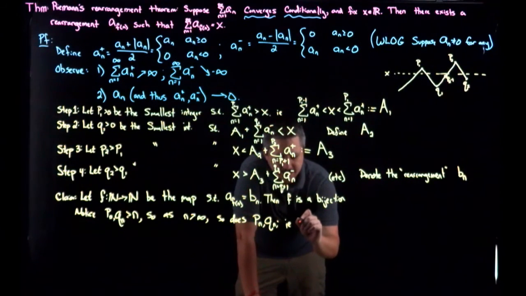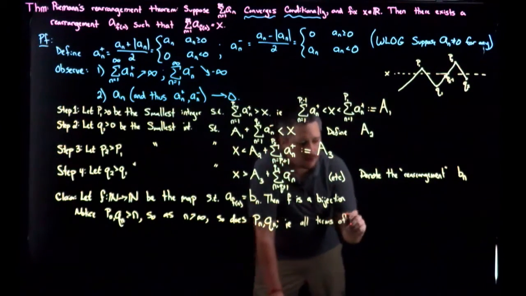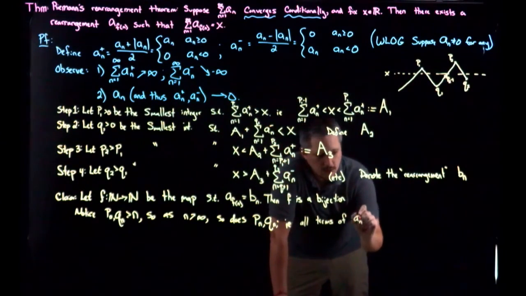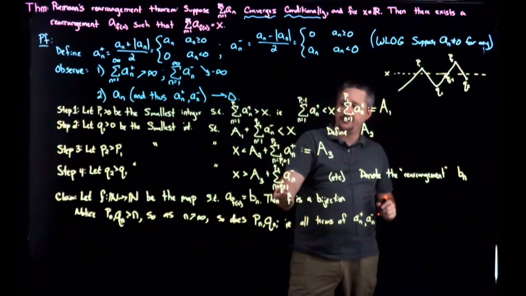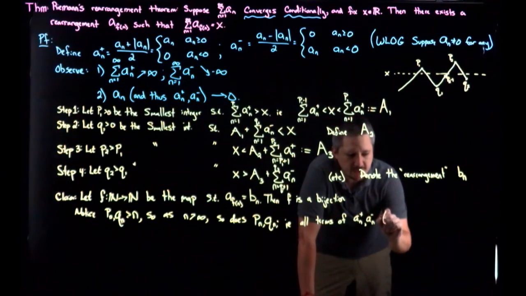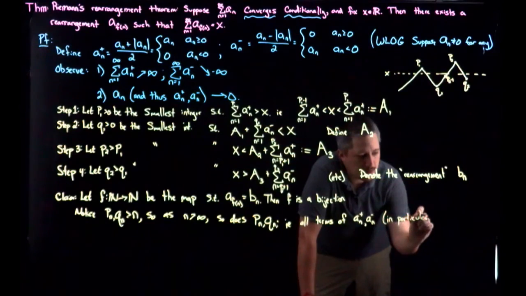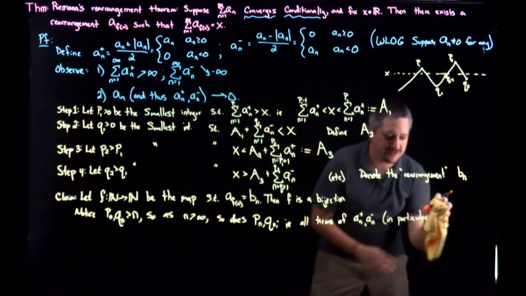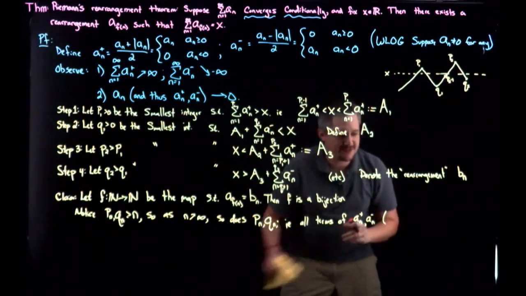So, all terms of an plus and an minus, right? Because I'm using them in order, n to q1, q1 plus 1 to q2, right? I'm not skipping any. So all of these terms are used. Or I guess I should really say, not "in particular," because it's not a sub-example.